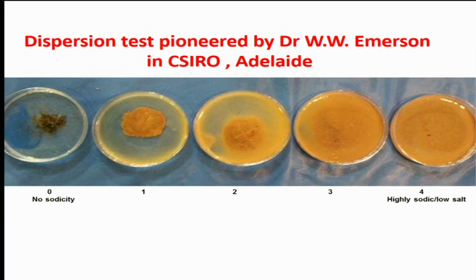In Australia we usually call soils sodic if the exchangeable sodium percentage is above 6, whereas in the United States and other parts of the world, if the ESP is above 15, it is considered sodic. Now, instead of dispersive measurements, you can also measure exchangeable sodium percentage, which we call ESP, or sodium adsorption ratio, which we call SAR, as an indicator of sodic soils.